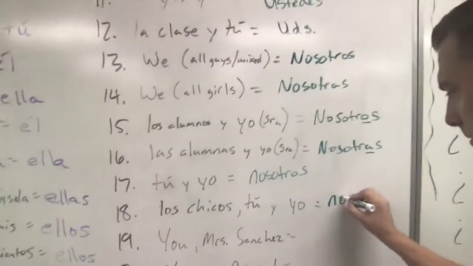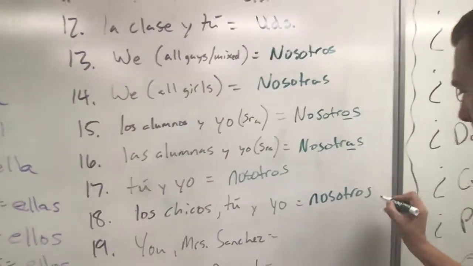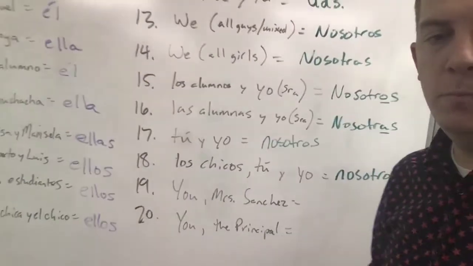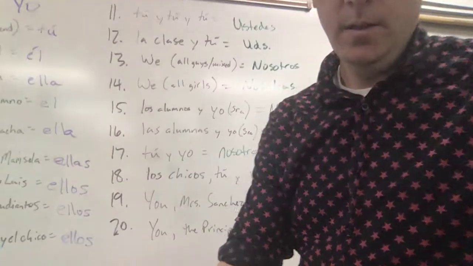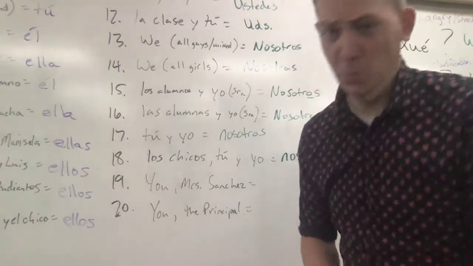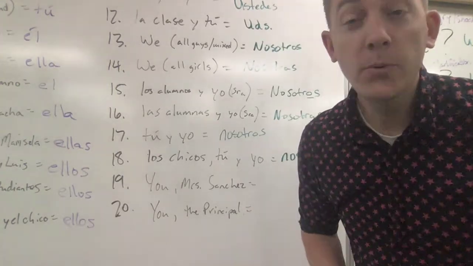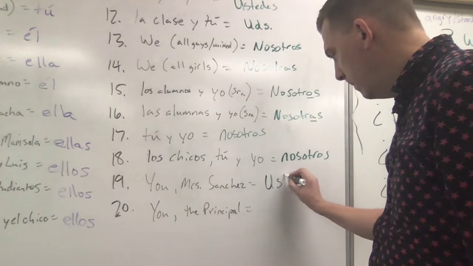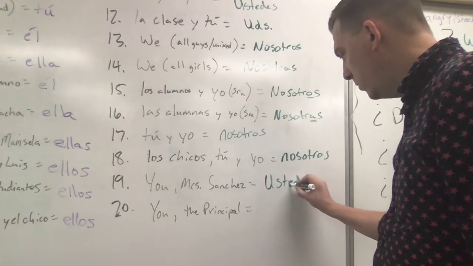Once again, we're kind of drilling that one into you guys. And how would you refer to Mrs. Sanchez? Mrs. Sanchez. You go, what up, homie? What it do? No, you do not. Mrs. Sanchez would be referred to as usted.